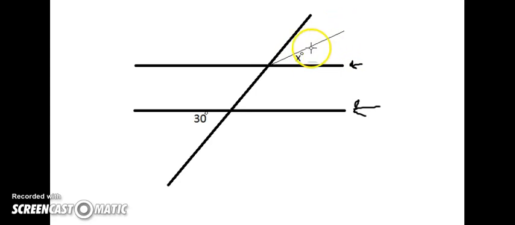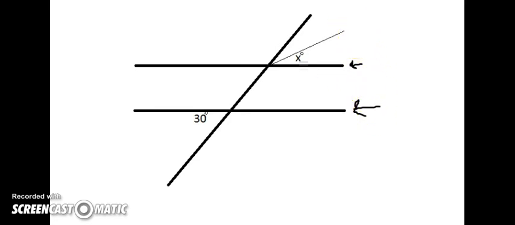And then they'll tell you that this line bisects this angle. Bisects just means it cuts it in half. And they'll want to know what X is. Well, since this is 30, this is 30, this is 30, and this is 30, and that bisects that angle, or cuts it in half, that means X is 15 degrees. So that's how you do that one.